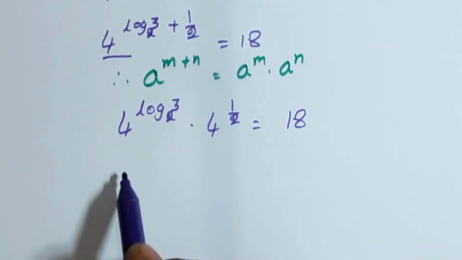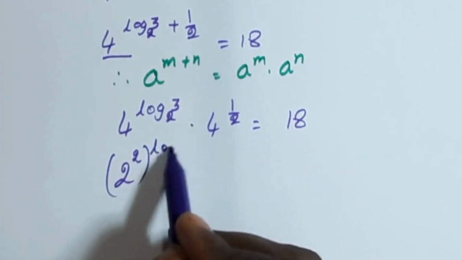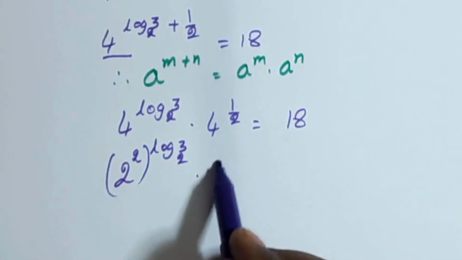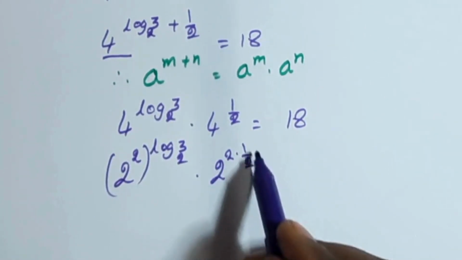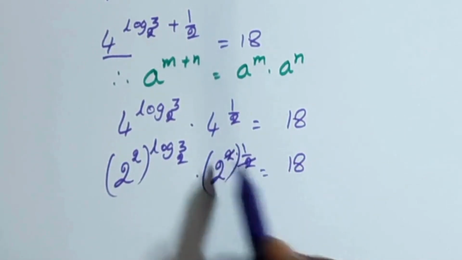This 4 can be written as 2 to the power of 2 log 3 base 2, same way 2 to the power of 2 into 1 by 2 equal to 18. This 2 cancels this.